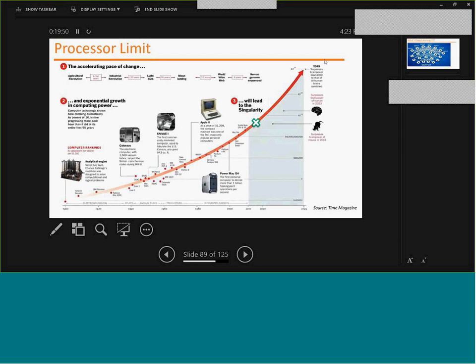And 25 years from now, processors will surpass the brain power capacity of all human beings in the world. This is exactly where we are heading, and that's why deep learning is coming into the picture nowadays.